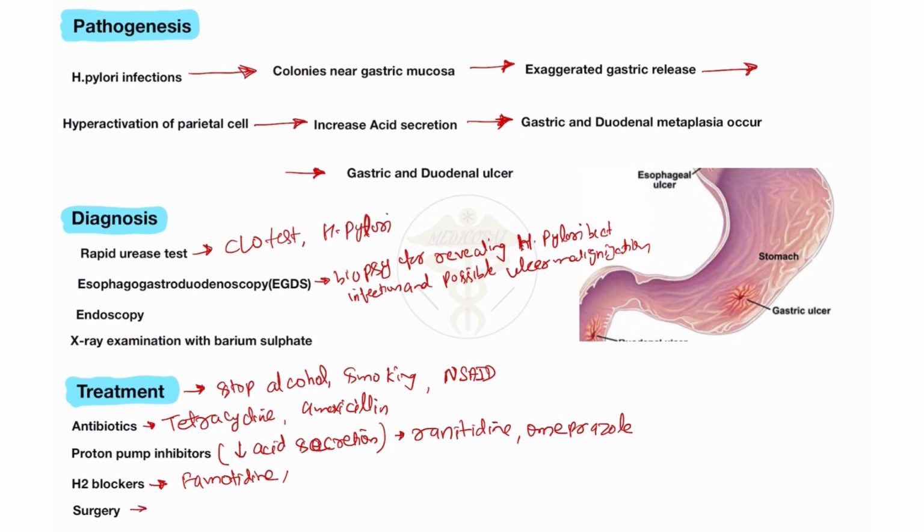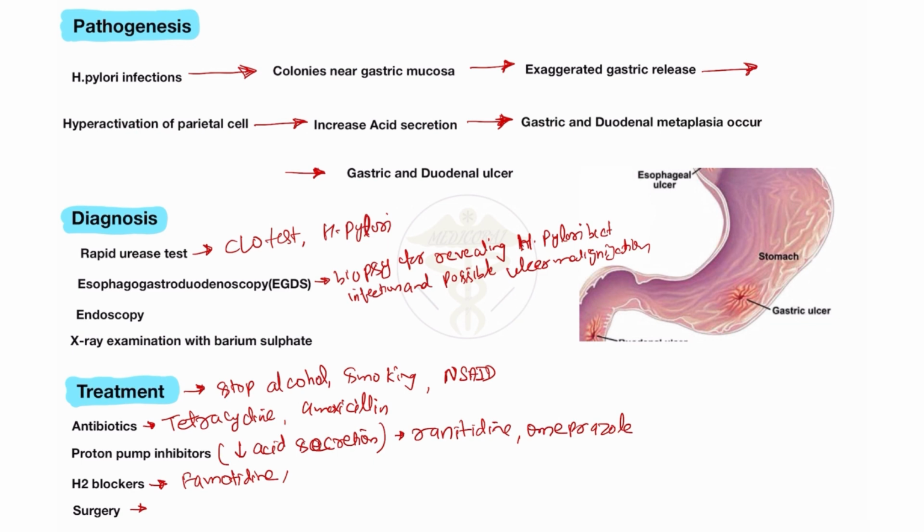And surgery in the last cases, when there is very large involvement or necrosis in the duodenal part and the stomach part, then we will use surgery for the patient. We will try to remove the part of the stomach and duodenum where the ulcer occurs.